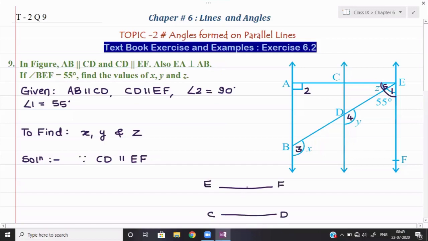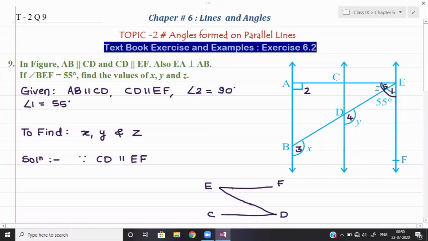And there is one transversal passing from the point E and intersecting the point D. So it is going like this. Yes, this point is E and this point is F. Observe, one line is passing from E and then intersecting at D. So basically angle 1 is this one, FED.